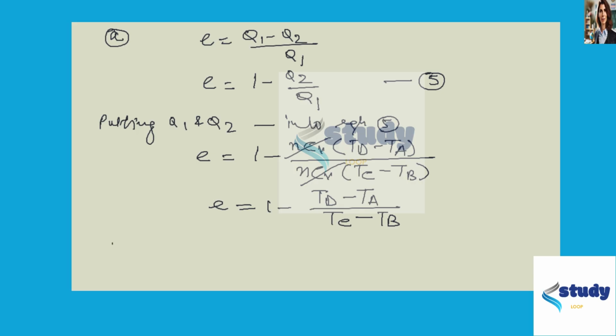Now calculating for part B, we are given that VA, the volume at A, and volume at D are equal. So take this relationship as 6, and given that VB is equal to VC, the volume at point B and volume at point C are again the same. So this is again 7.